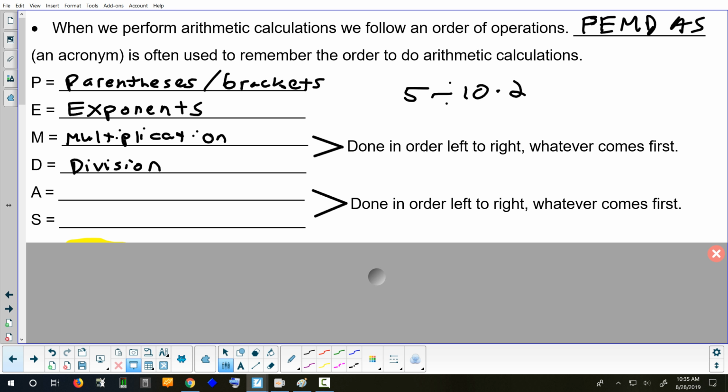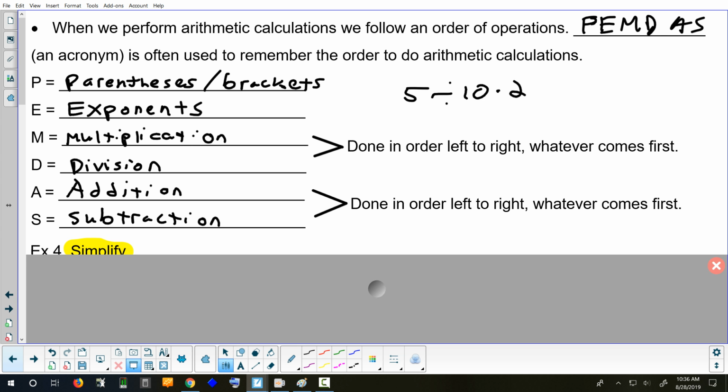What are my last two? Addition, and my last one? Subtraction. So with addition and subtraction, you don't necessarily do addition first. You do whichever one you see in order from left to right.